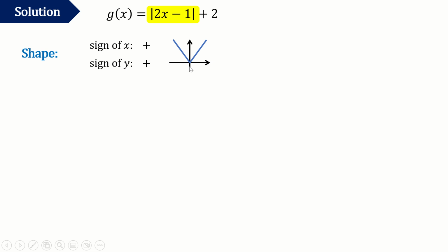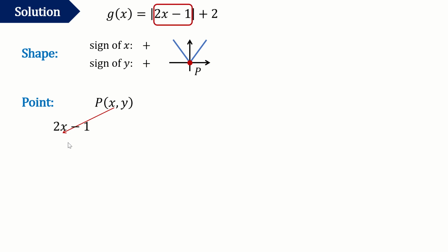And then we can find the point P, which is the vertex of this graph. Point P should have x and y coordinates. To find the x coordinate, we take what is inside the modulus, which is 2x minus 1, and equate it to 0. Then we simplify, and we get x equals half.